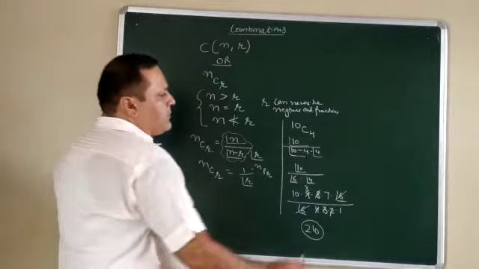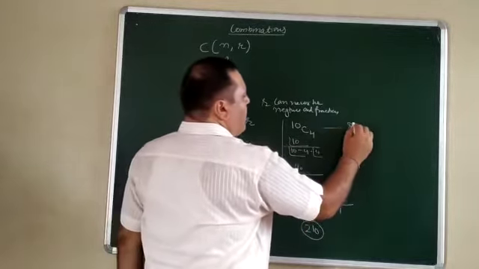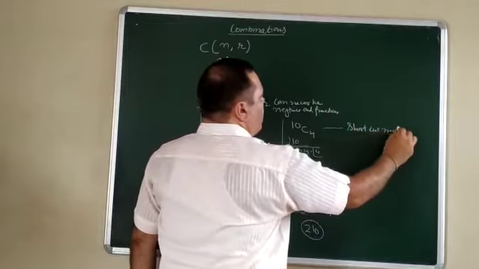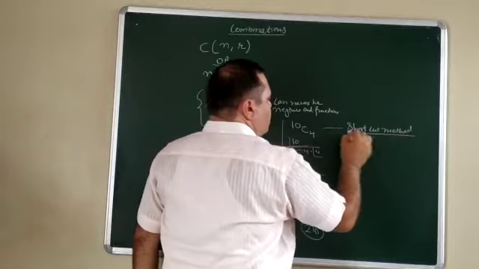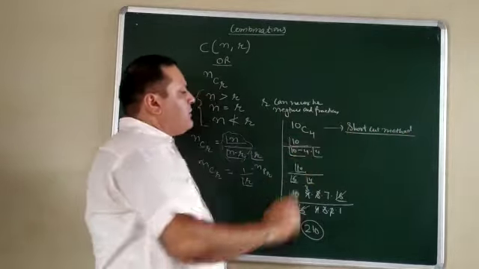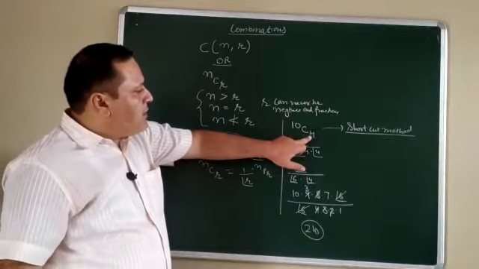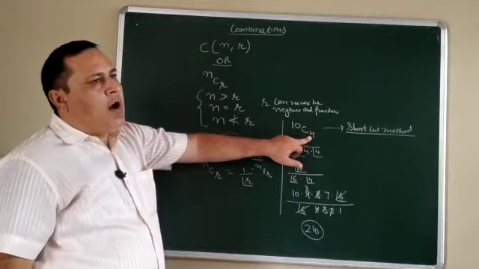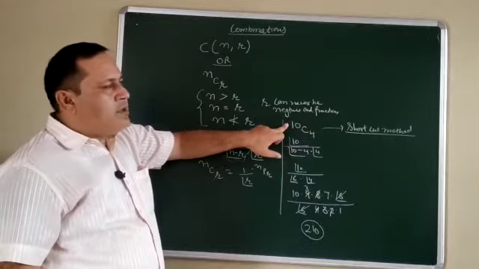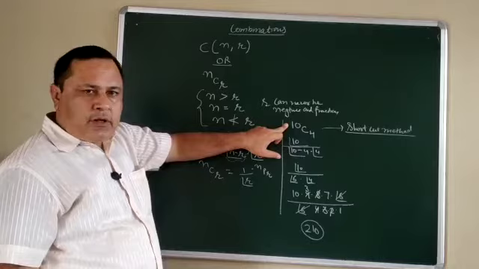Now see the shortcut method by which we can open it. Shortcut method to simplify, number 1. Listen very carefully. What is the number given as r? That is equal to 4. And what is the number given as n? That is equal to 10.